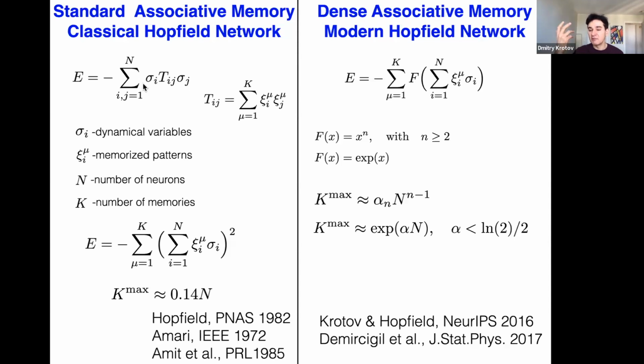You can think about this biologically, for example, as whether a given neuron i is in the off state or whether that neuron fires an action potential.